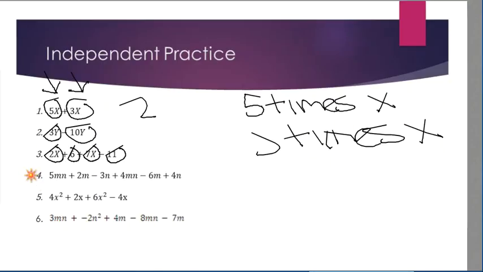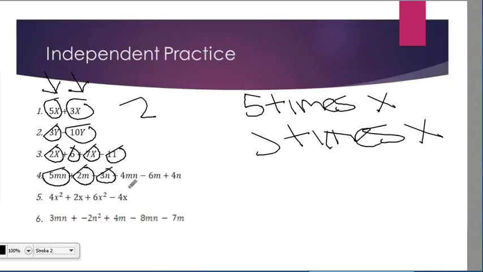So let's look at number 4. Let's count the number of terms that we have for number 4. So number 4 has an addition, a subtraction, addition, subtraction, addition. And remember the terms are what is separated by the addition and subtraction. So we have 5mn, which is really the same thing as 5 times m times n. We have 2 times m.